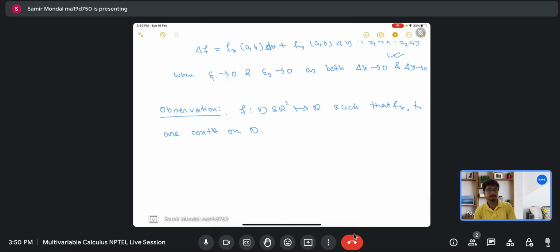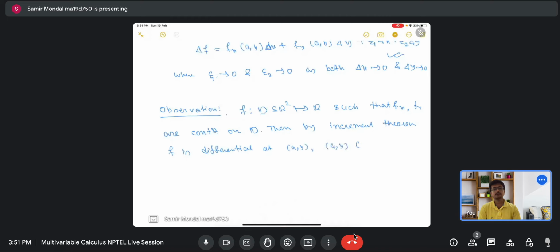Then by the increment theorem, f is differentiable on the interior of D, at (a, b), where (a, b) belongs to the domain D.